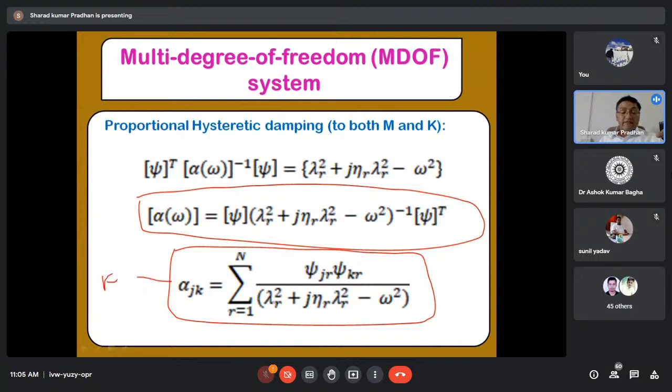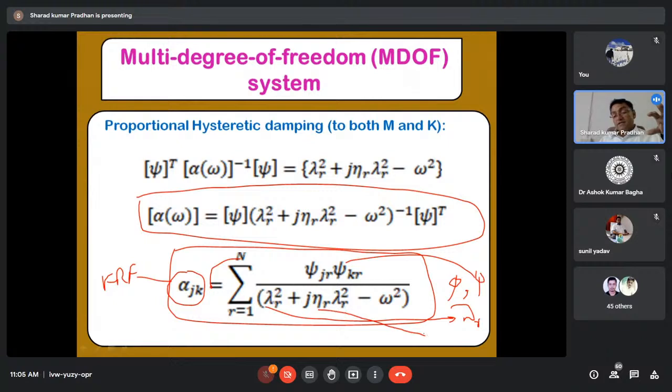This is the single FRF of a structurally damped multi-degree of freedom system, and if this FRF is available, you can get natural frequency omega r, you can get mode shapes, mass normalized or normal, at any point of time you can convert them, and you can get this eta, which is the loss factor in the case of structural damping. So FRF, or we can say response model, is converted into modal model. That's it, modal analysis. This is the analytical way of doing modal analysis.